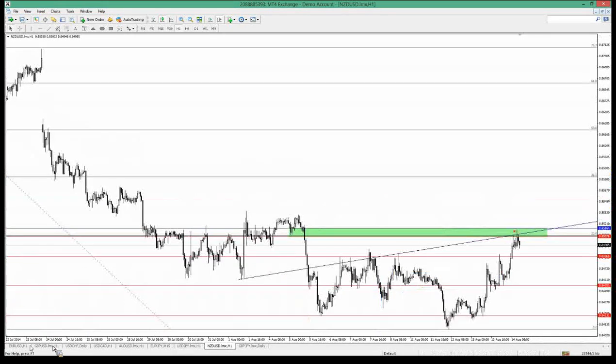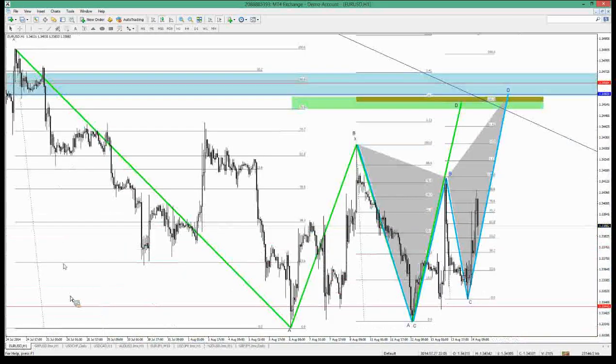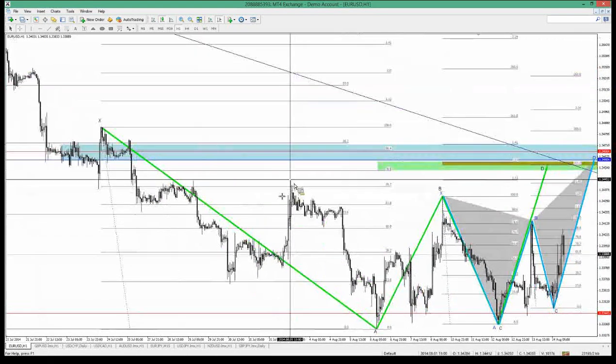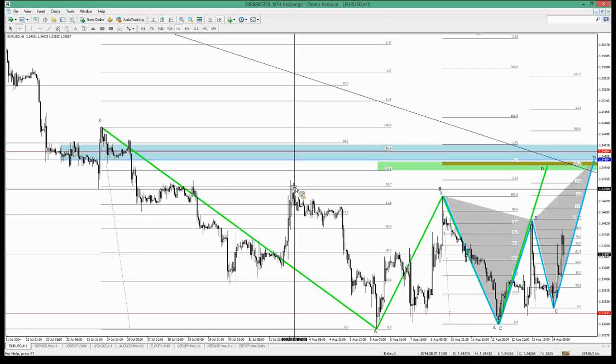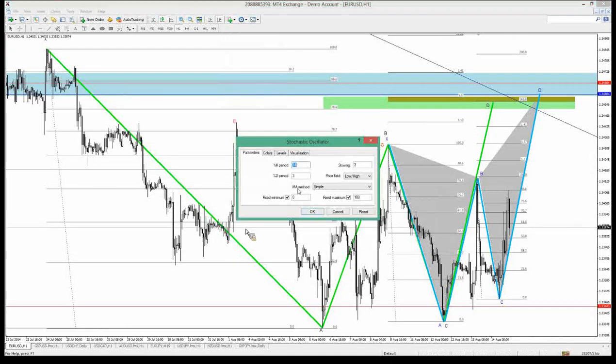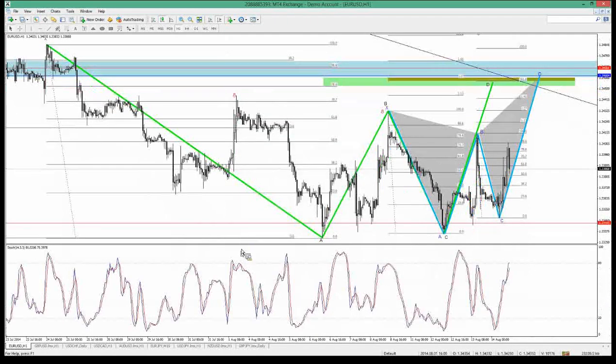Let's have a look at some of the other ones. Remember we had a few setups here. We had one here with a push bat that's set up around this area, and then there was another one that's set up over here. So if we then added in our stochastics, let's just check this out.